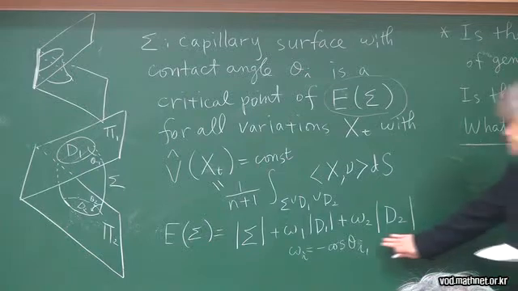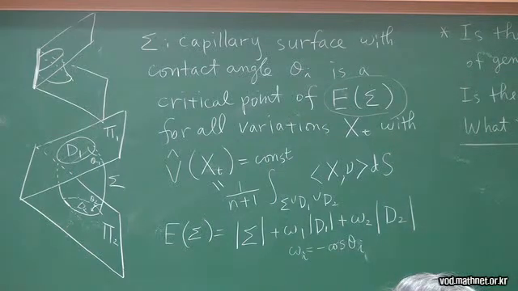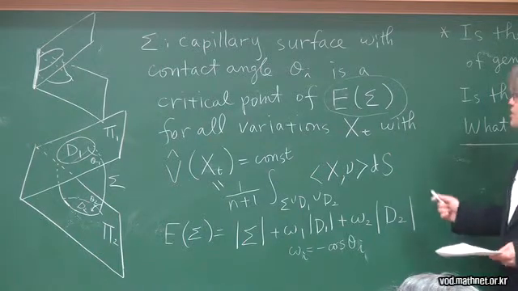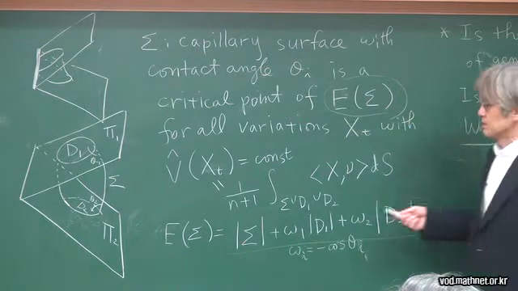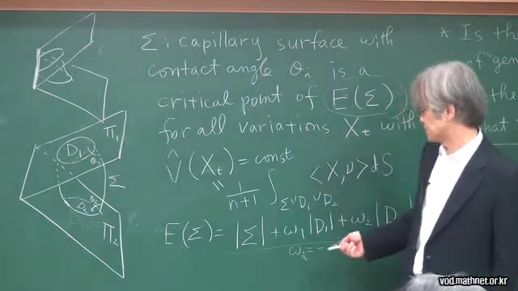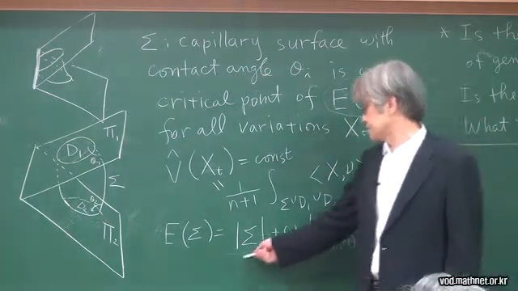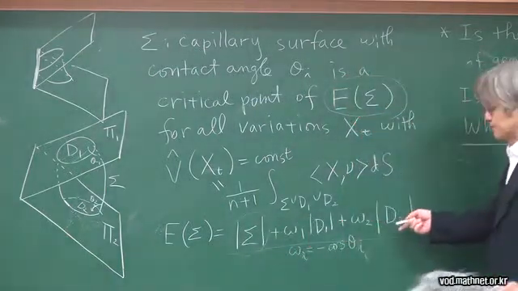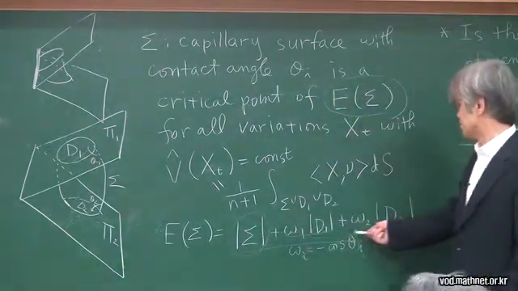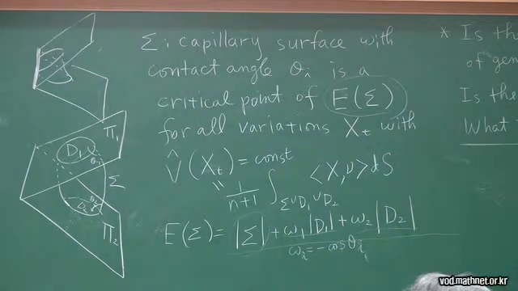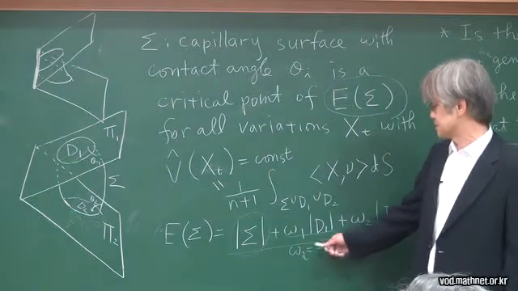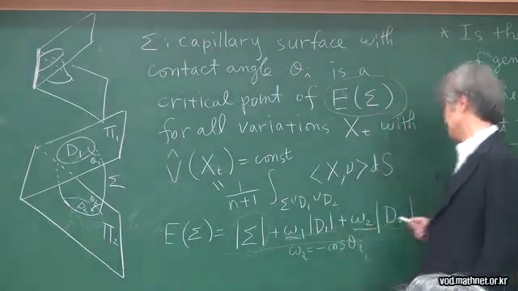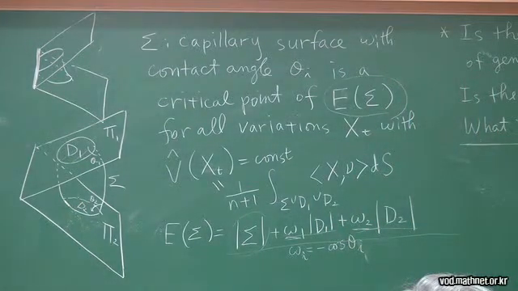So a capillary surface is a critical point of this energy. Here's the area of sigma, but we have to have extra terms, and the contact angle appears in these constants omega 1 and omega 2.